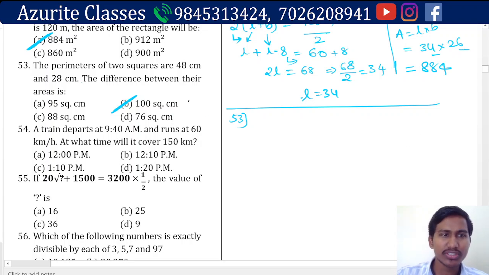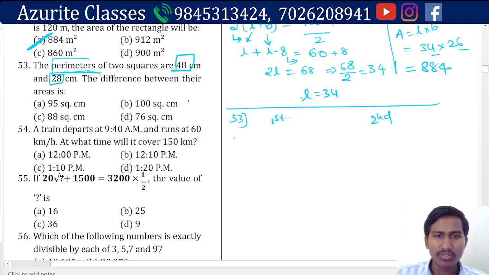So here, the 53 question is given as what? If you see, the perimeter of two squares is given, okay? 48 and 28. So first square and second square. Perimeter will be 4 into side. So how do you find the side? Perimeter by 4.